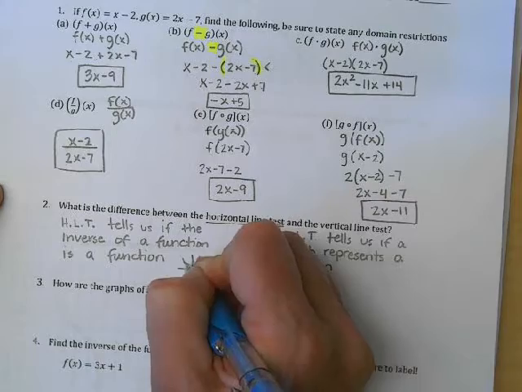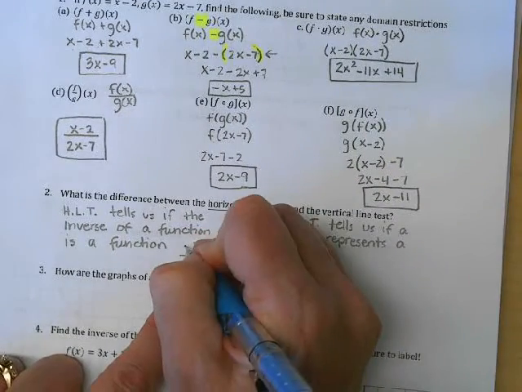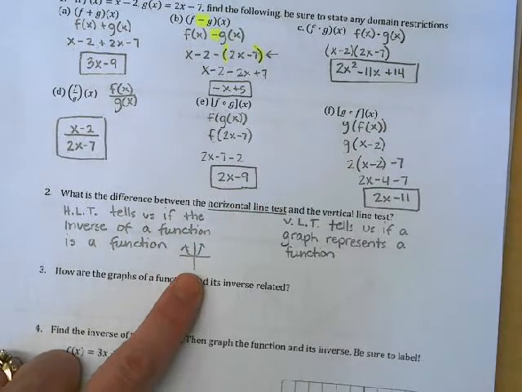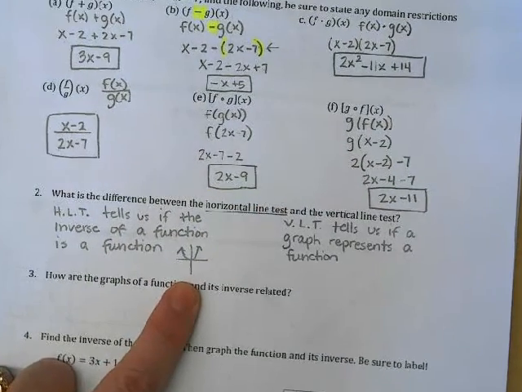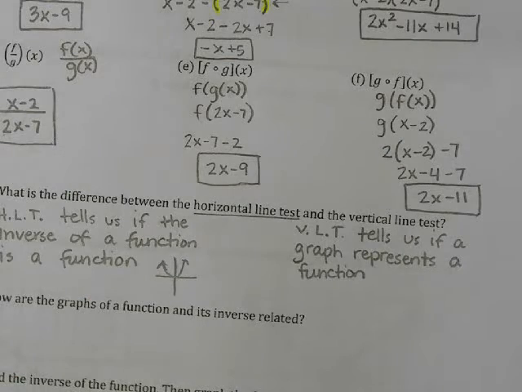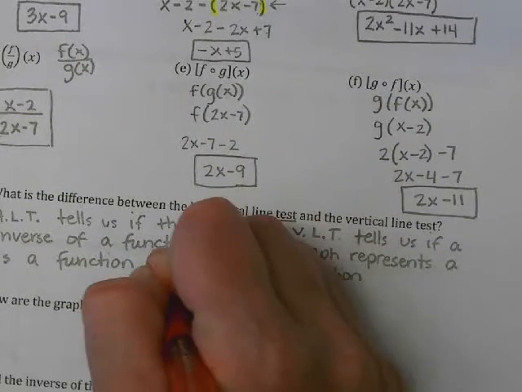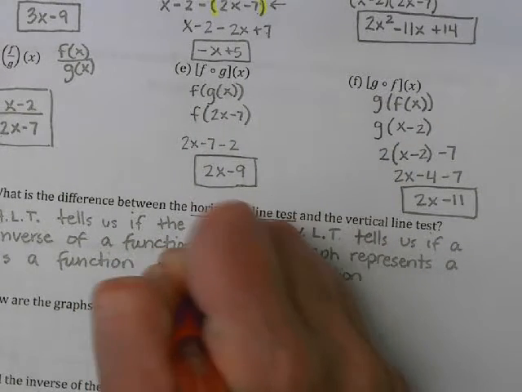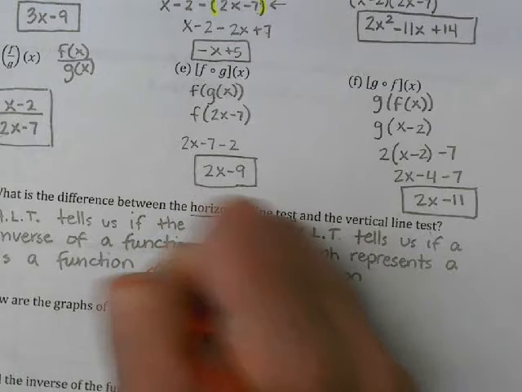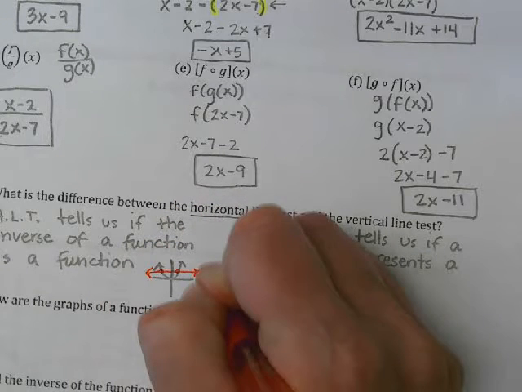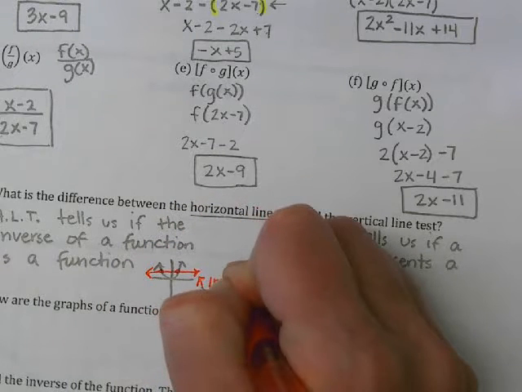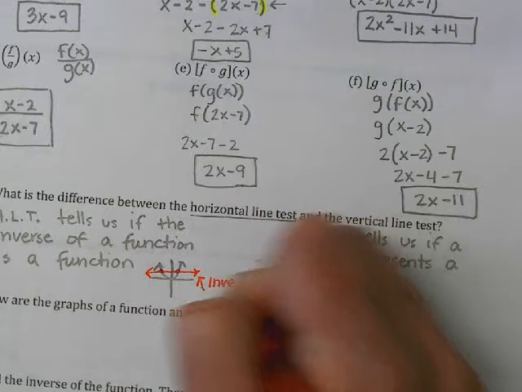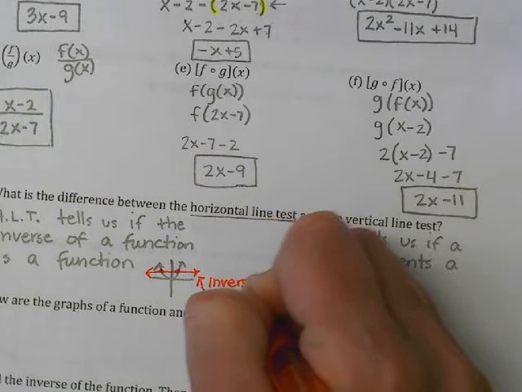If I took this, that's a function. I'm looking at the parabola. The parabola is a function here. If I did this horizontal line, see how it touches in two spots? That tells me that the inverse is not a function.